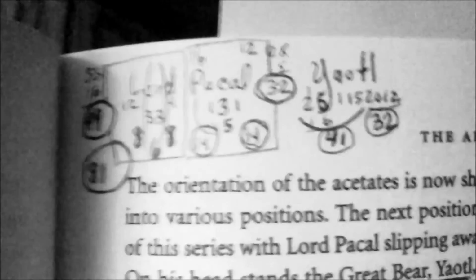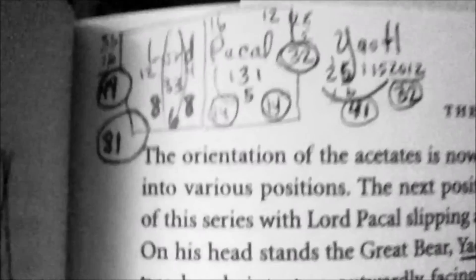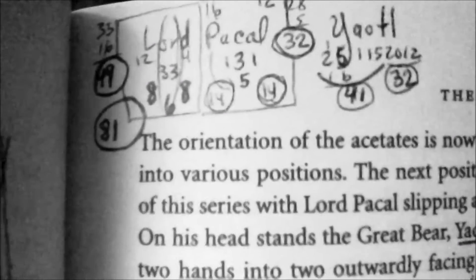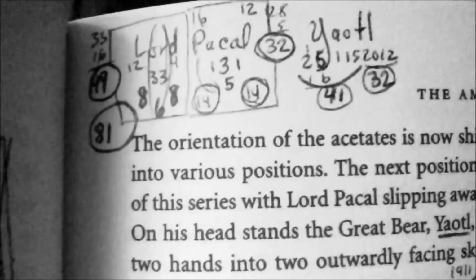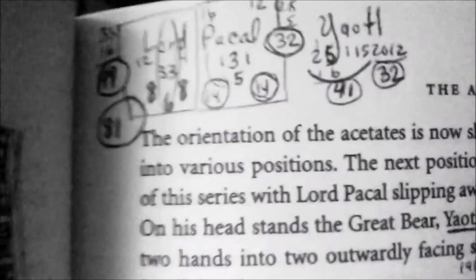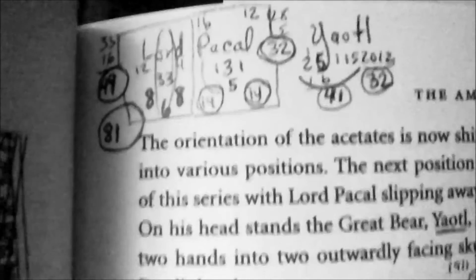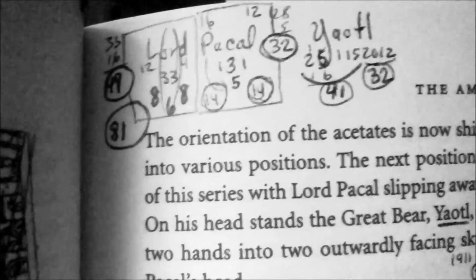And Lord Pacal, in the Mayan symbolism and in their writings, they say that his next incarnation was Quetzalcoatl, and that Quetzalcoatl was written up to be the god of goodness.